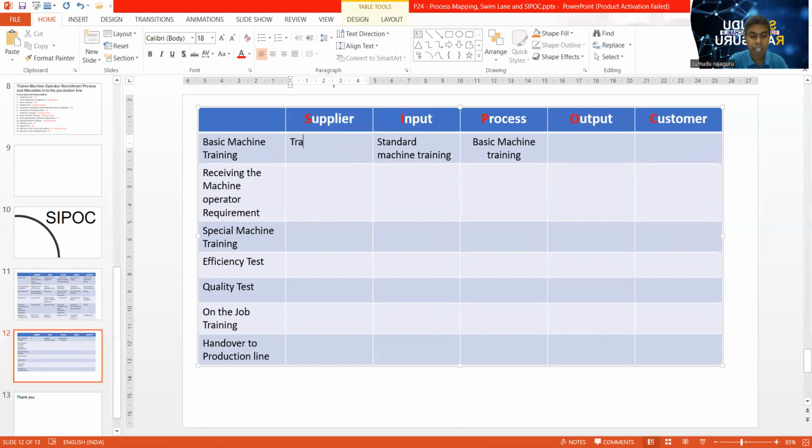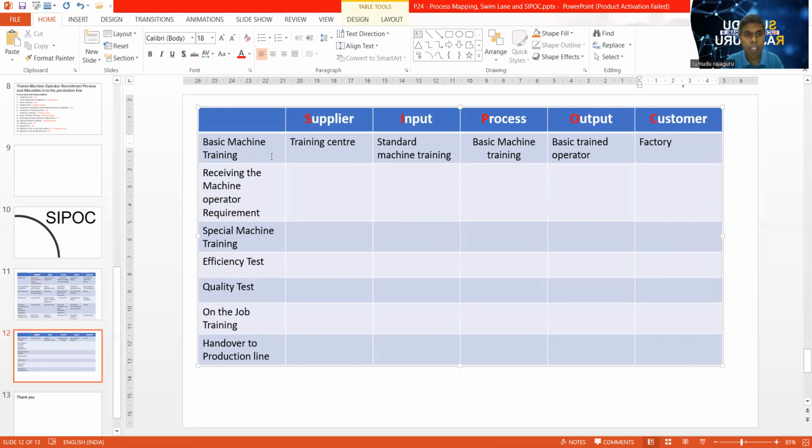The training instructor, that means the training center. Then what is the output? Basic trained operator. The customer may be, I just put the tag.